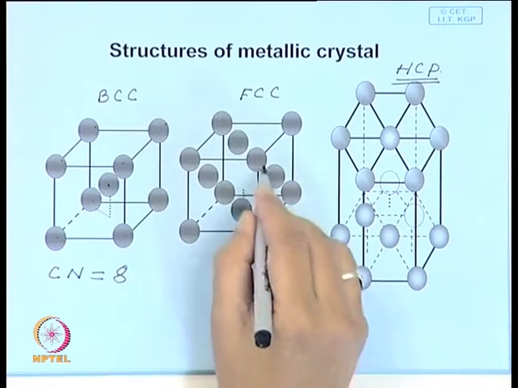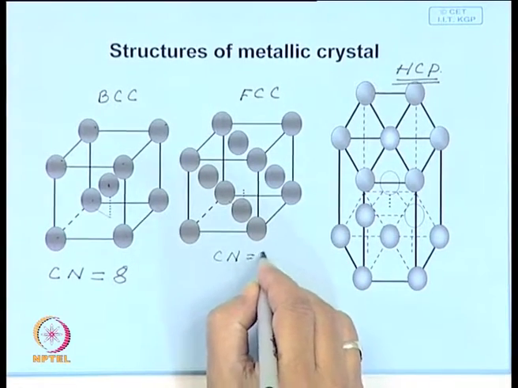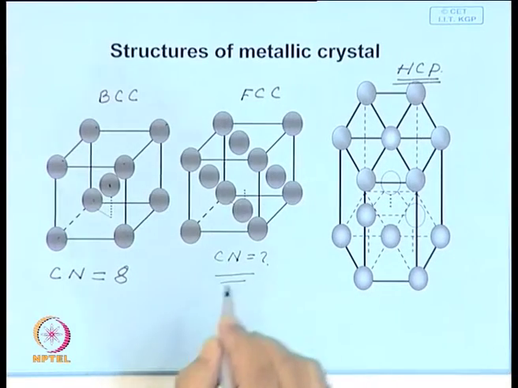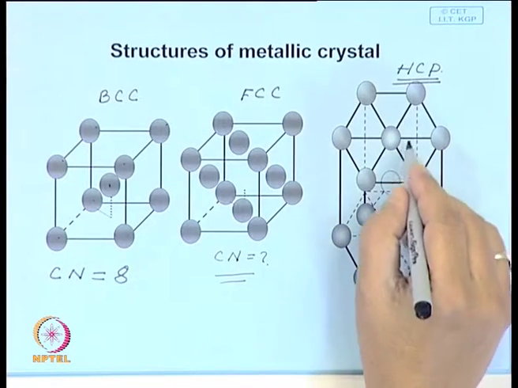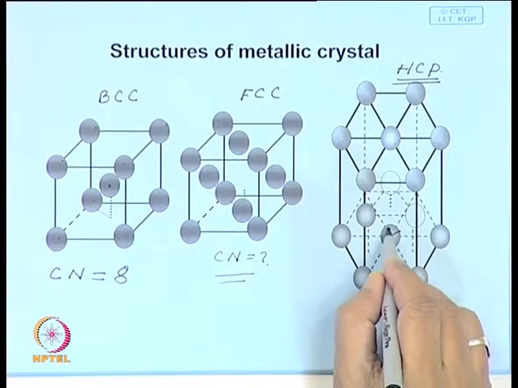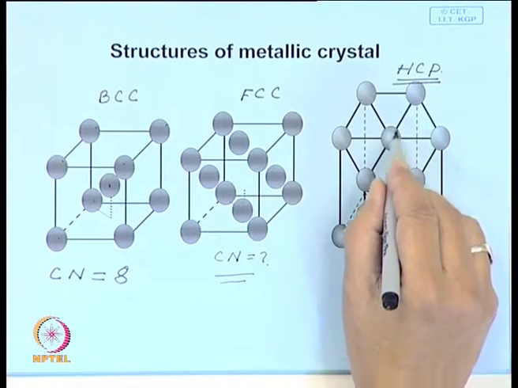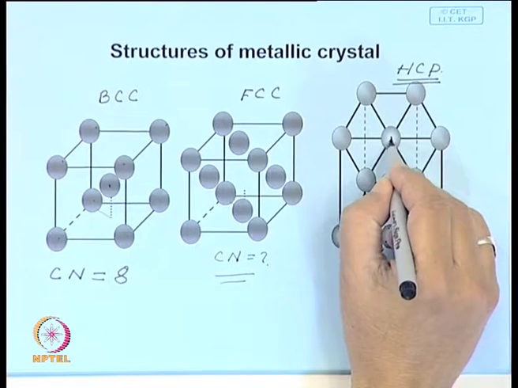From this it is a little difficult to find the coordination number. We will look at it a little later, but here it is relatively easy. Take this atom and try to find the number of nearest neighbors.